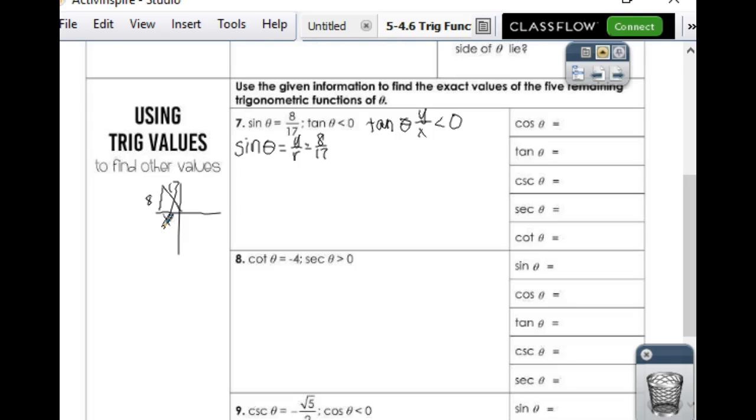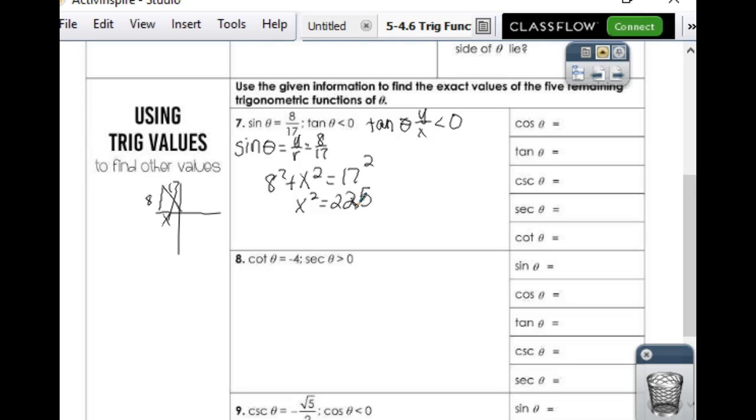So if I'm going to draw, I don't know my x. So for Pythagorean theorem, I get 8 squared plus x squared equals 17 squared. So my x squared, 17 squared minus 8 squared, is 225.